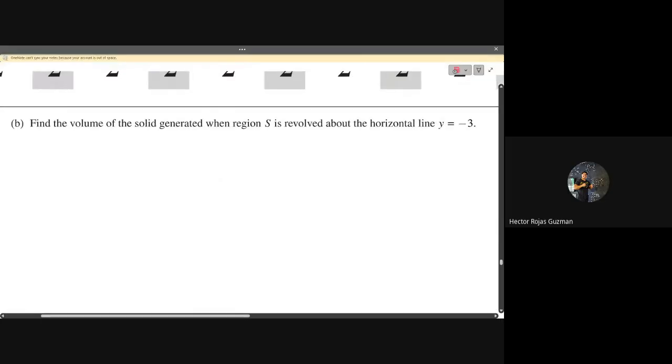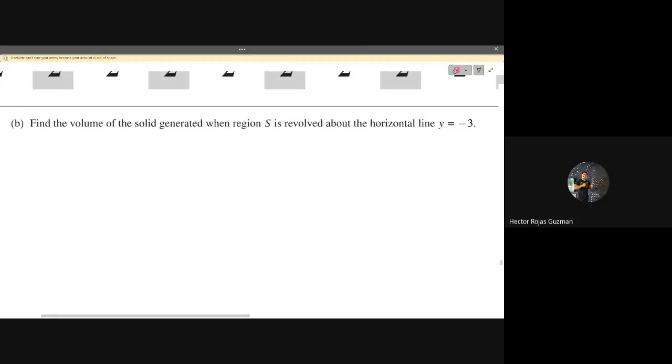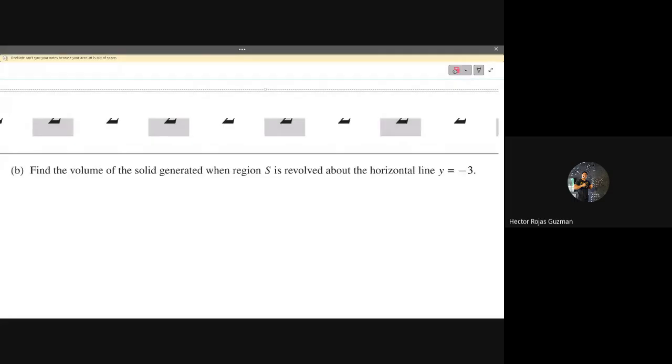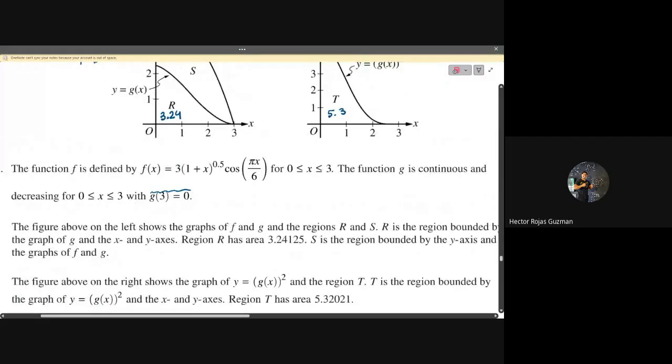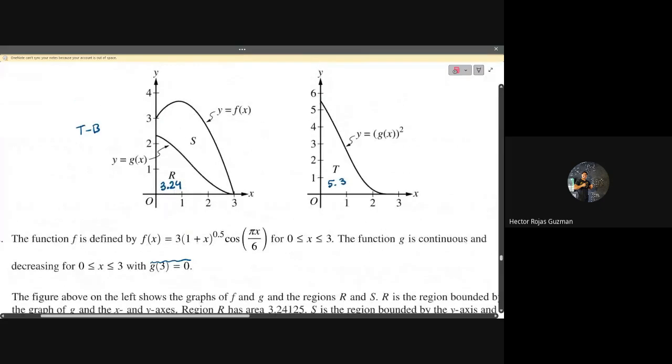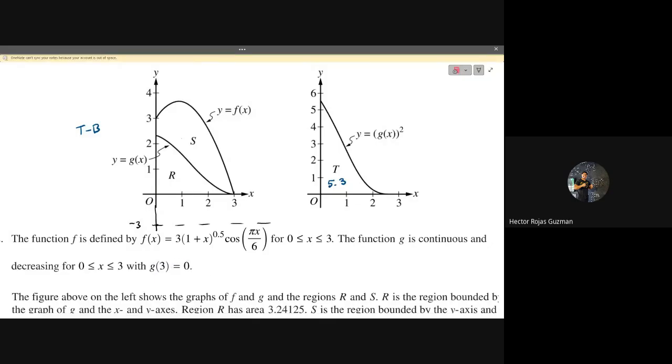Okay. Find the volume of the solid generated when S is revolved about the horizontal line y equals -3. All right, let me go back to the graph. If I have the horizontal line y equals -3, which let's say is somewhere down here, this is going to get a little messy because I have the problem right below it, but you're basically going to be doing a revolution.